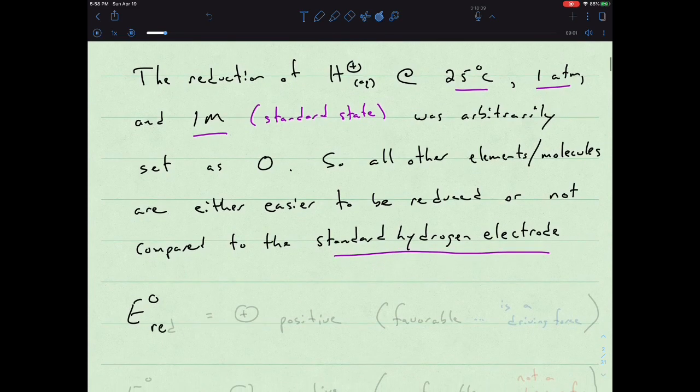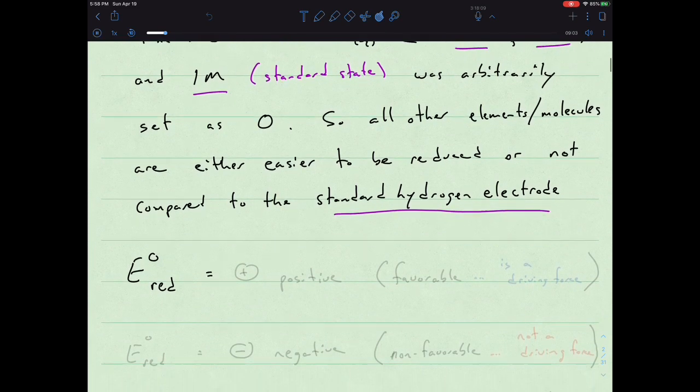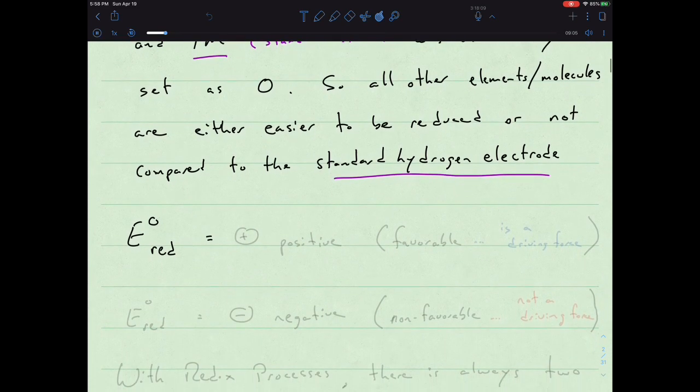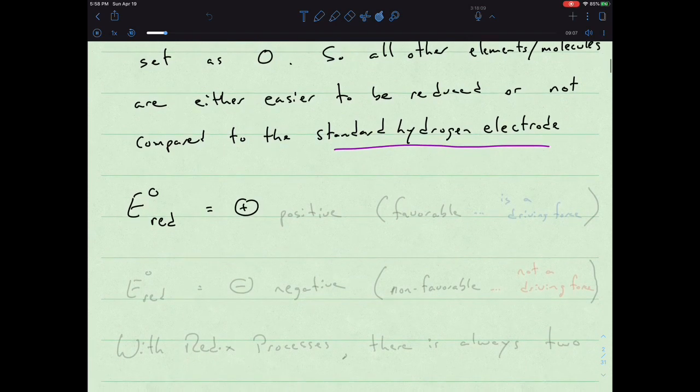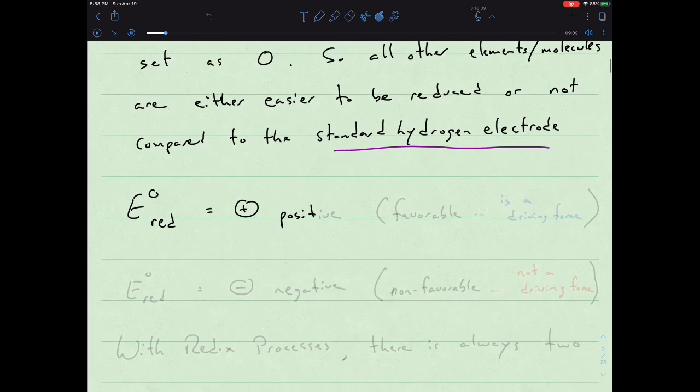As a result, we can have reduction potentials that are positive, and these are favorable processes.